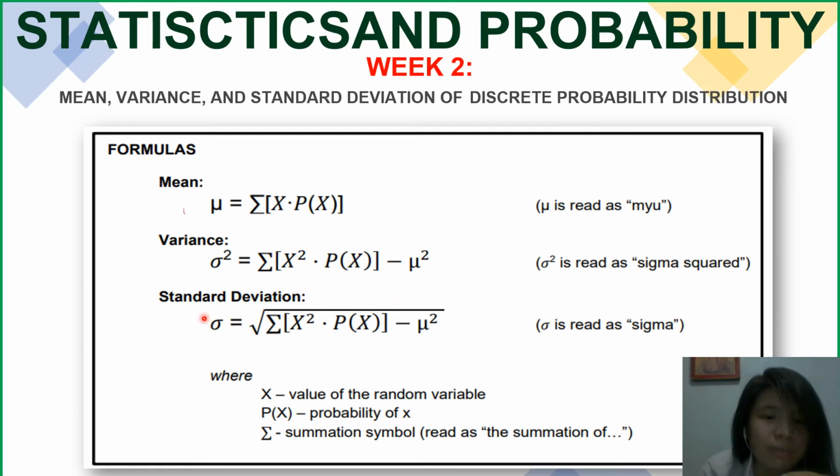So the formula for standard deviation is sigma is equal to the square root of the summation of the product of x squared and p of x minus mu squared. So if you solve it, simply solve first for the variance, and then just get the square root of the answer in variance. That is the standard deviation.